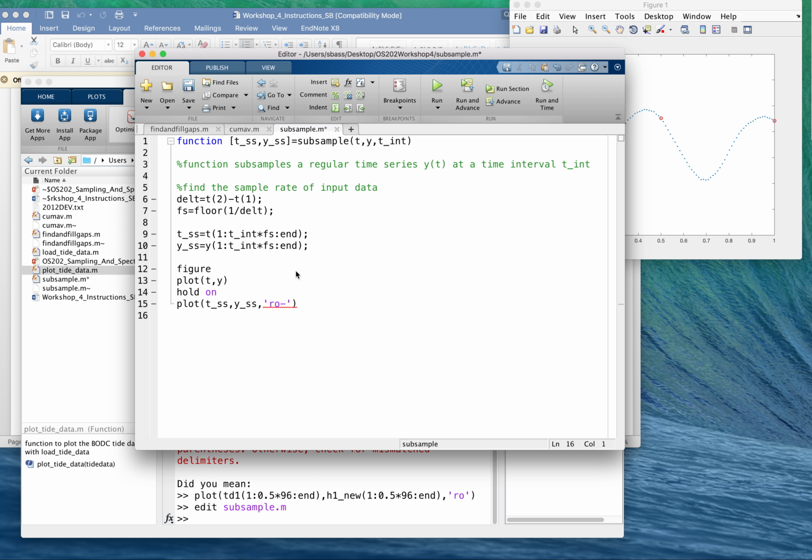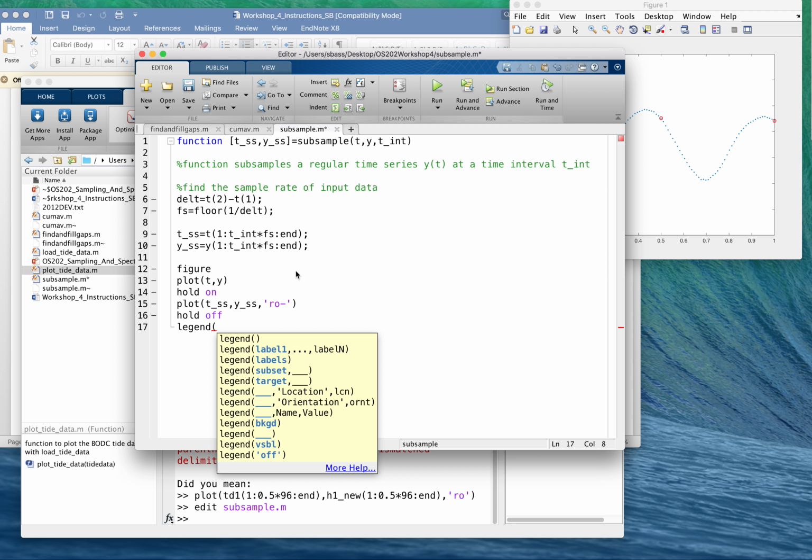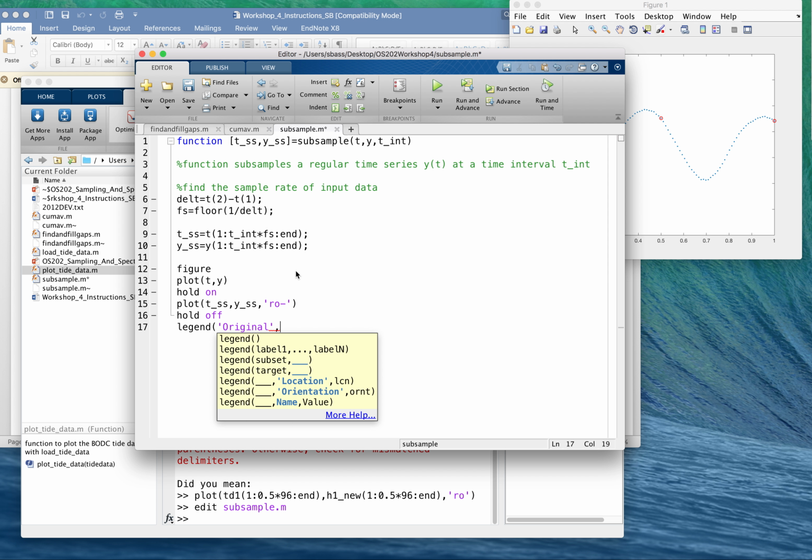Okay, hold off, and then let's put a legend in here as well, because we've got 2 time series. So we've got original, plotted first, and then we have resampled. We just generate a string now because we're going to resample it at different intervals, and this is where we can stick in the time interval.